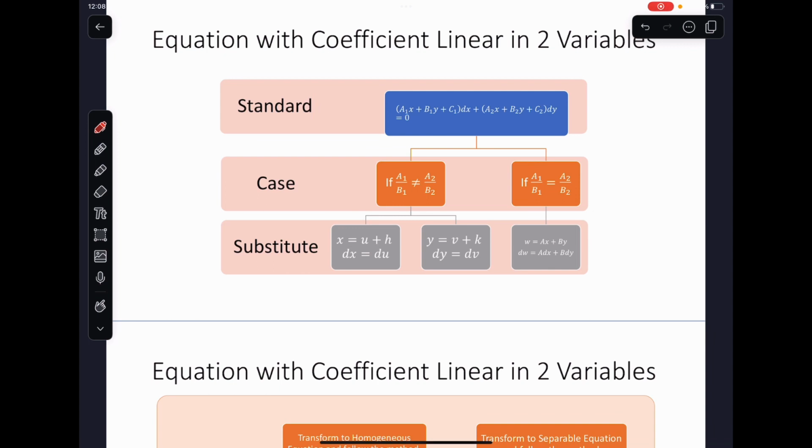The second case would be when the two ratios are equal. So we let w be equal to ax plus by, depending on the common coefficient for the two linear functions.